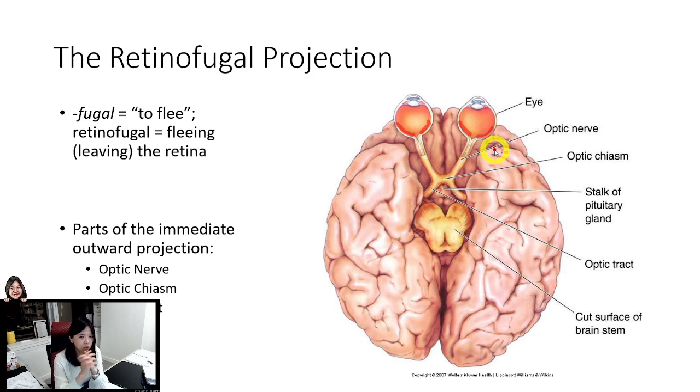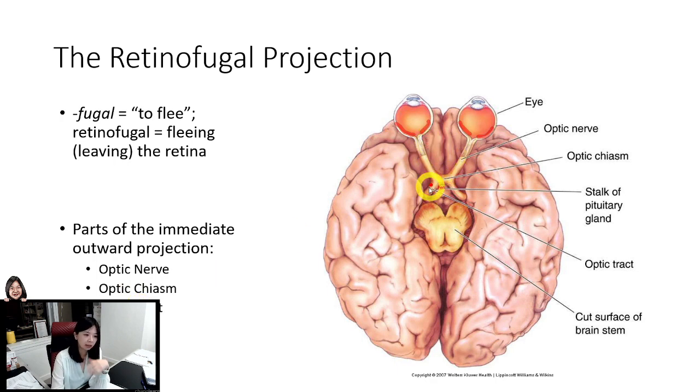And so retinofugal projection refers to really 3 chunks, 3 different segments of the initial departing white matter tract. The first chunk is the optic nerve, and this refers to this segment here, from the retina to the chiasm. The second chunk is the chiasm itself.